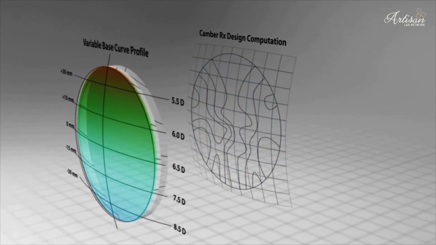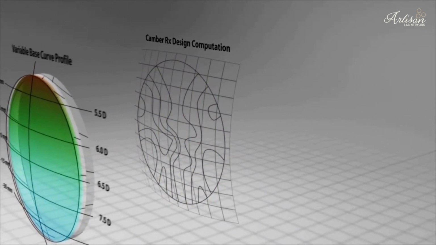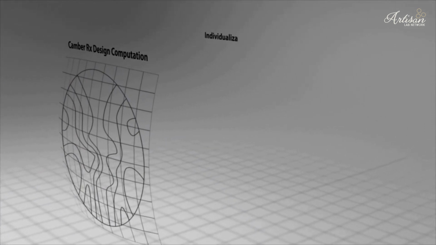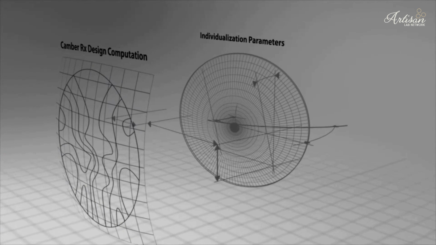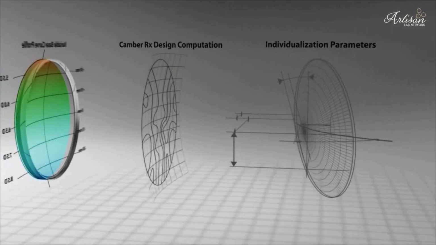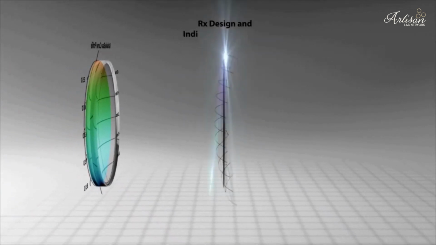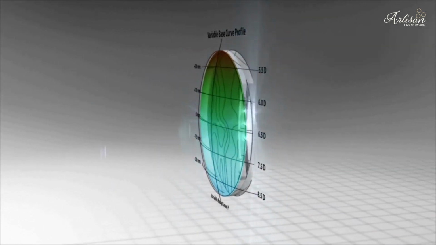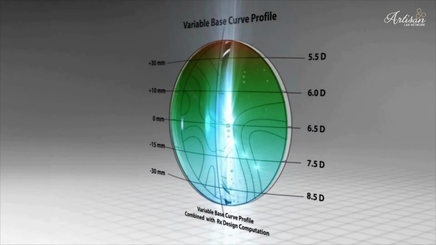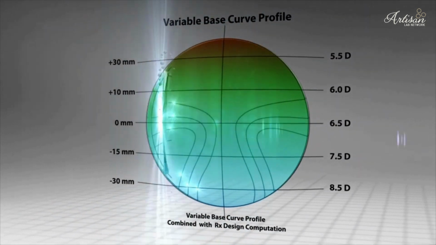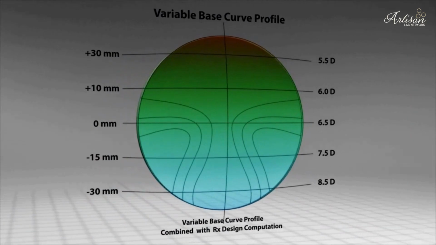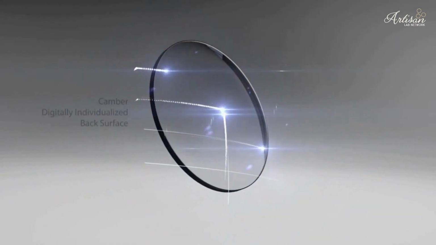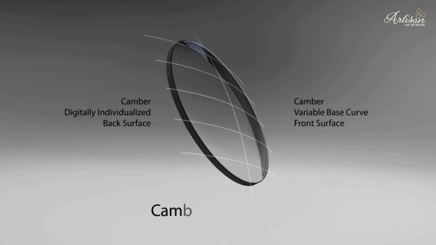The back surface design is further enhanced when desired by a complete set of individualization parameters. The digital design, combined with the individualization parameters, are processed together with curves on both sides of the lens, creating the finished Camber progressive lens, an advanced digital lens that accommodates an expanded prescription range, offers better cosmetics, and yields user-preferred near-vision performance.